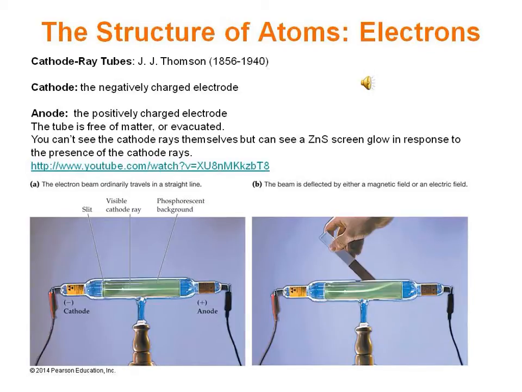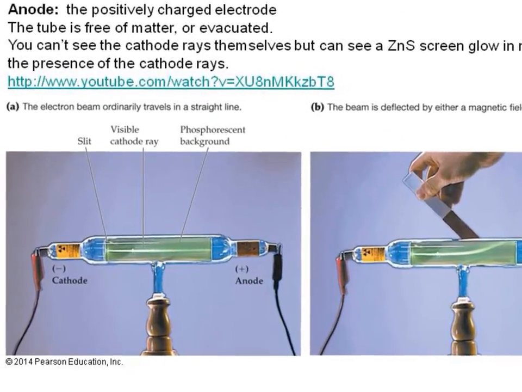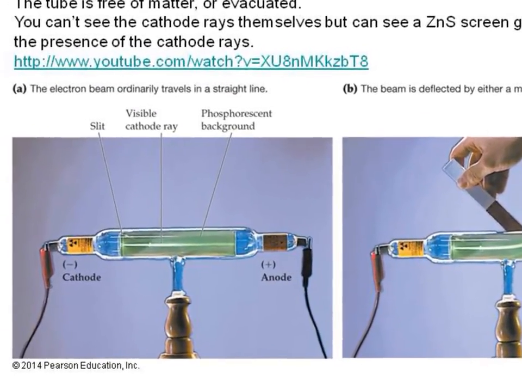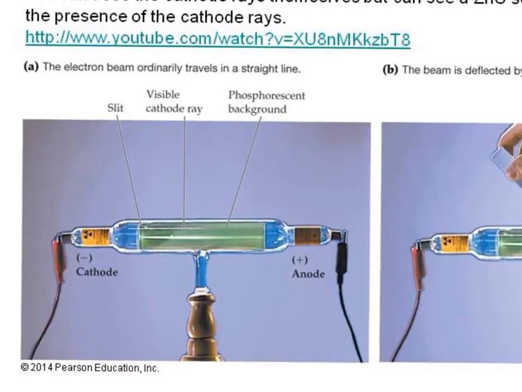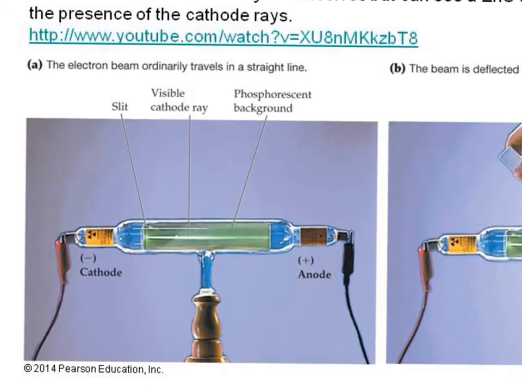The electron was discovered by J.J. Thomson. He discovered electrons while playing with a cathode ray tube. This picture shows a cathode ray tube, and I actually have a video either edited into this lecture, if I'm lucky, or posted at the end here, if I'm unlucky, of a cathode ray tube.